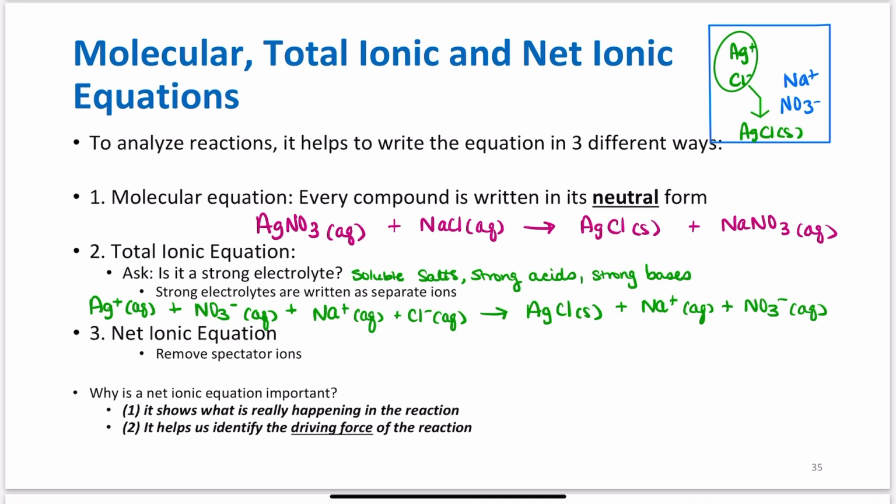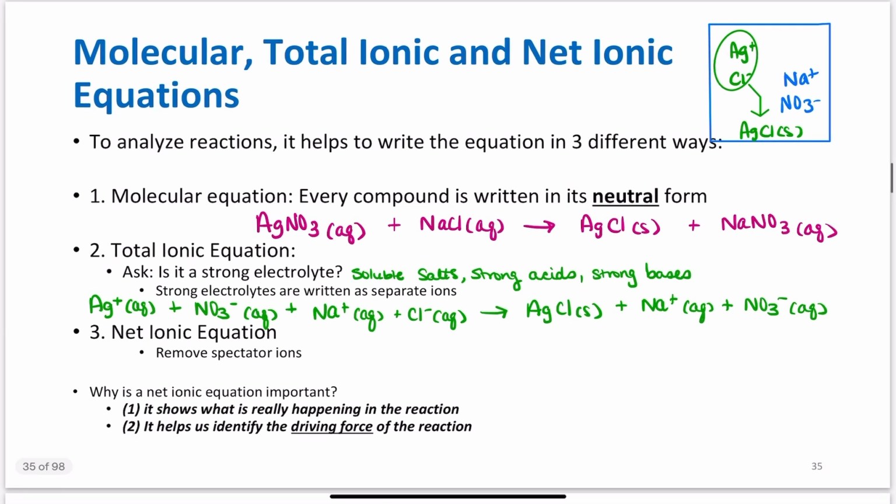For your net ionic equation, you remove the spectator ions from your total ionic equation. So you've got to recognize your spectators. Spectator ions are the species that are present on both sides of the reaction. So I look through it and I say, silver plus.